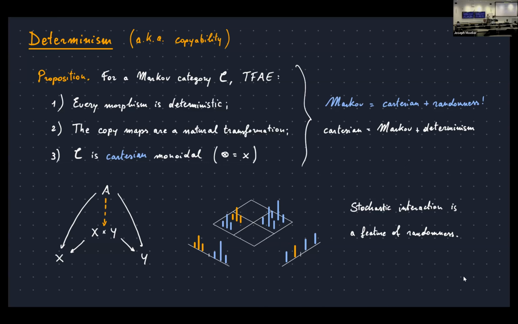Okay. So what I wanted to say is that the fact that things can be correlated is equivalent, in some sense, to the fact that things are random. So randomness allows you to have this inference in a meaningful way. And if you don't have one, you don't have the other.